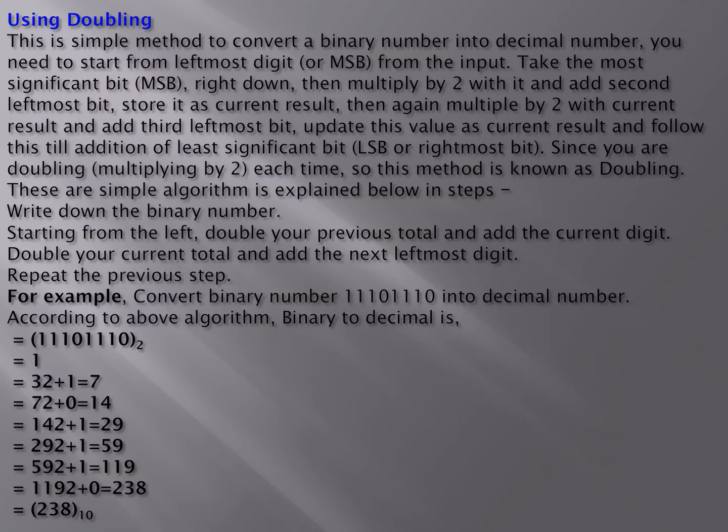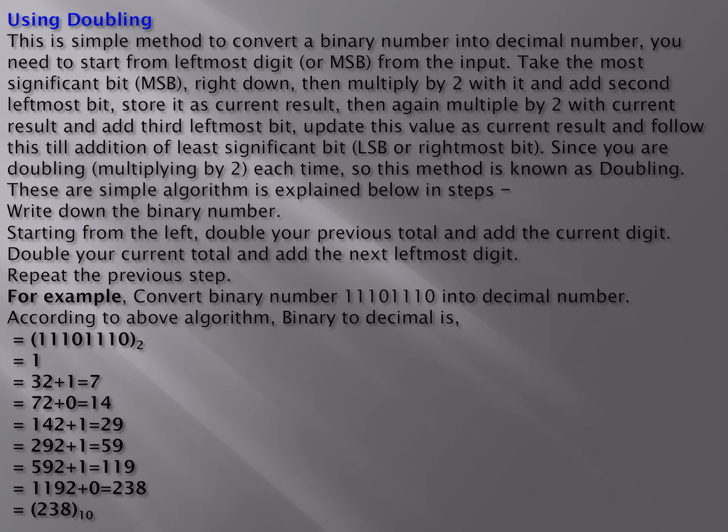Doubling. This is a simple method to convert a binary number into a decimal number. You need to start from the leftmost digit of the input. Take the most significant bit, write it down, then multiply it by 2 and add the second leftmost bit. Store it as the current result.